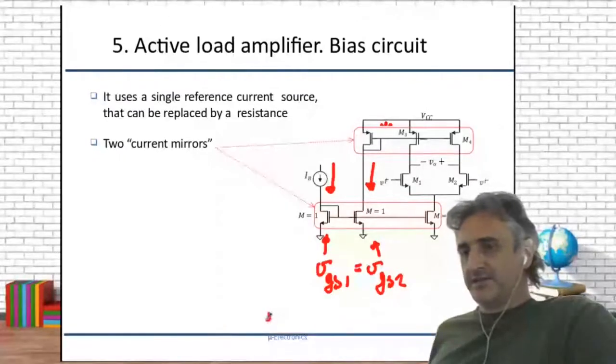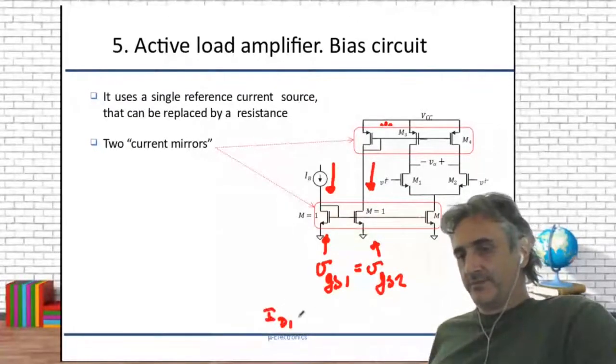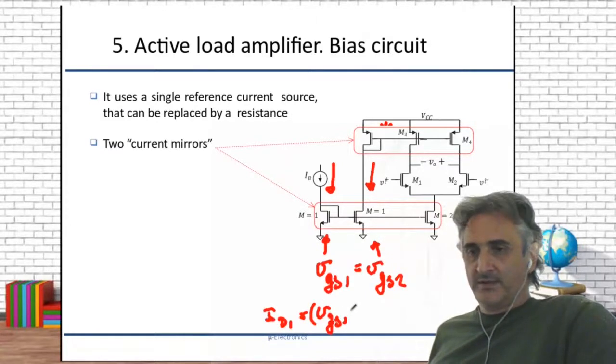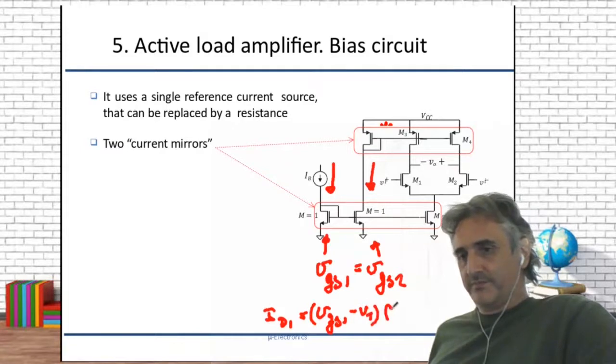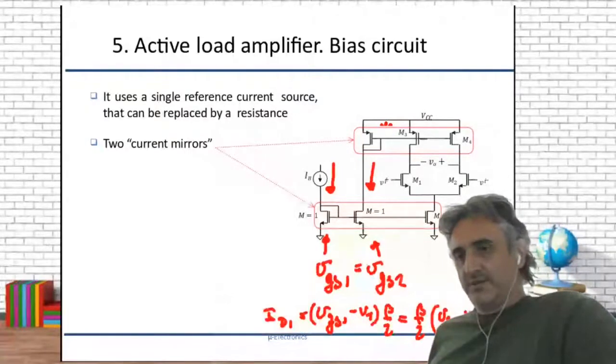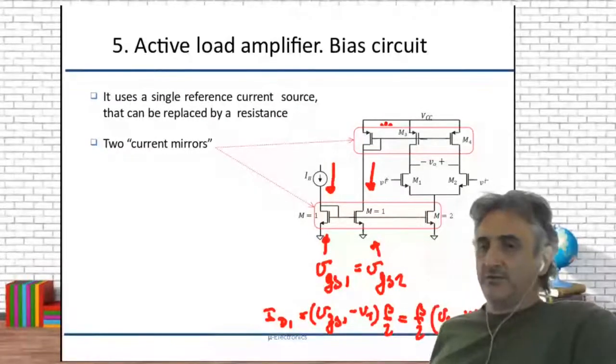And if both transistors are the same, beta times (VGS1 minus VT) squared is equal to beta times (VGS2 minus VT) squared, which is equal to the current flowing through the second transistor.